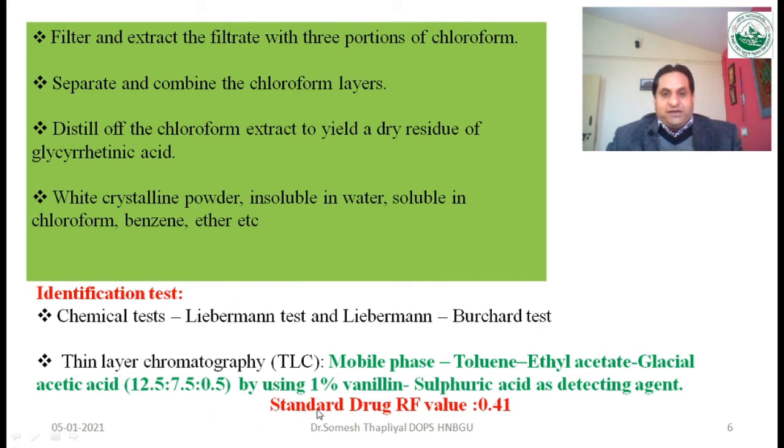What will be the standard drug? The standard drug will be glycyrrhetinic acid, and the Rf value of glycyrrhetinic acid is commonly 0.41. So whatever constituents we obtained after extraction and isolation, we will compare with the standard drug, and in this manner we can identify the isolated component.